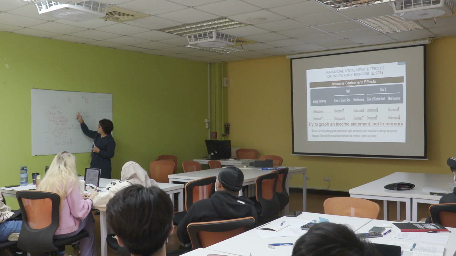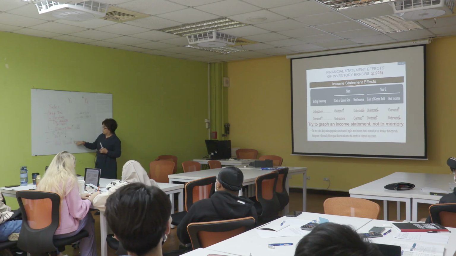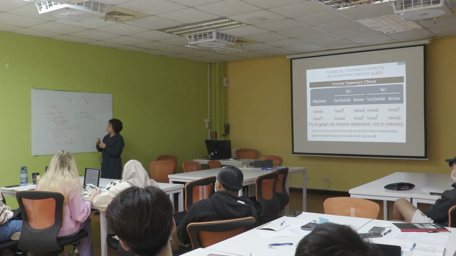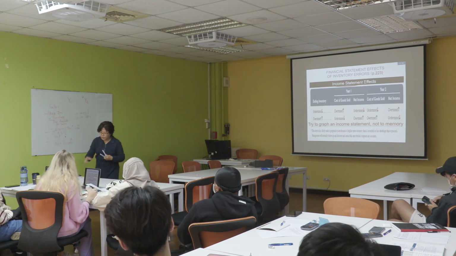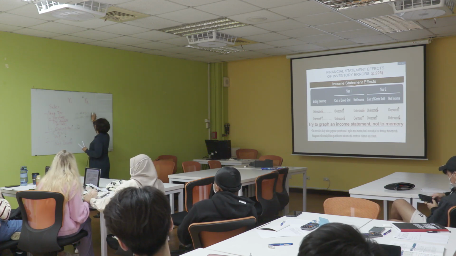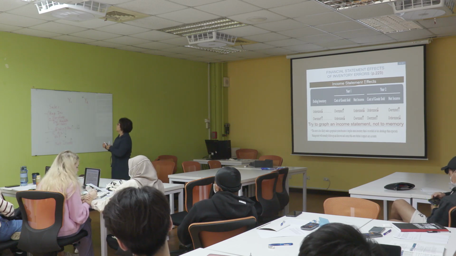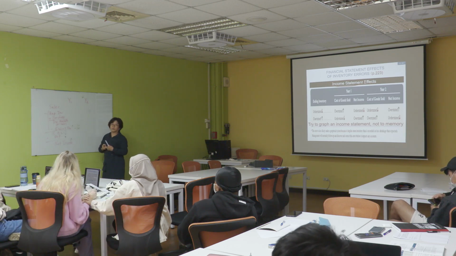So in year one, if your ending inventory is overstated, net income goes up, the same direction. But this year's ending inventory becomes the beginning inventory in year two, so your beginning inventory is going up.